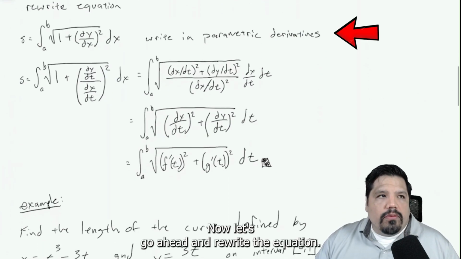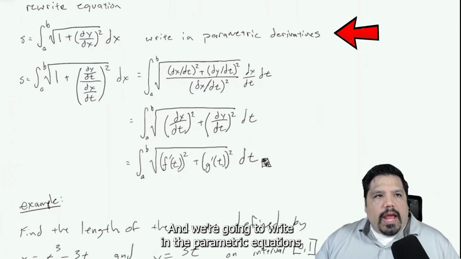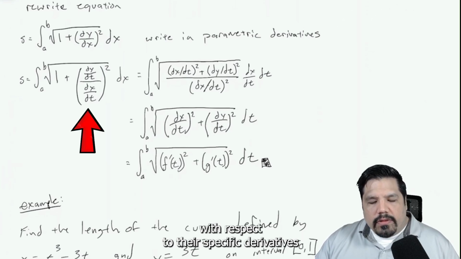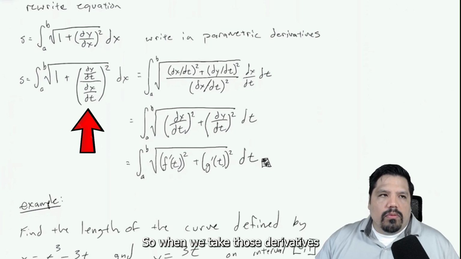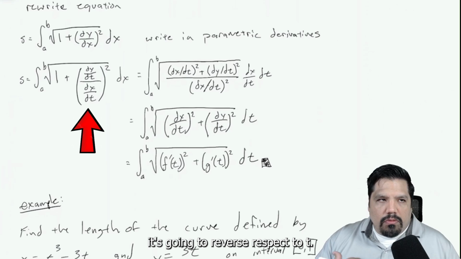Now let's rewrite the equation with the parametric equations and their specific derivatives, x equals f of t and y equals g of t. So when we take those derivatives, it's with respect to t.